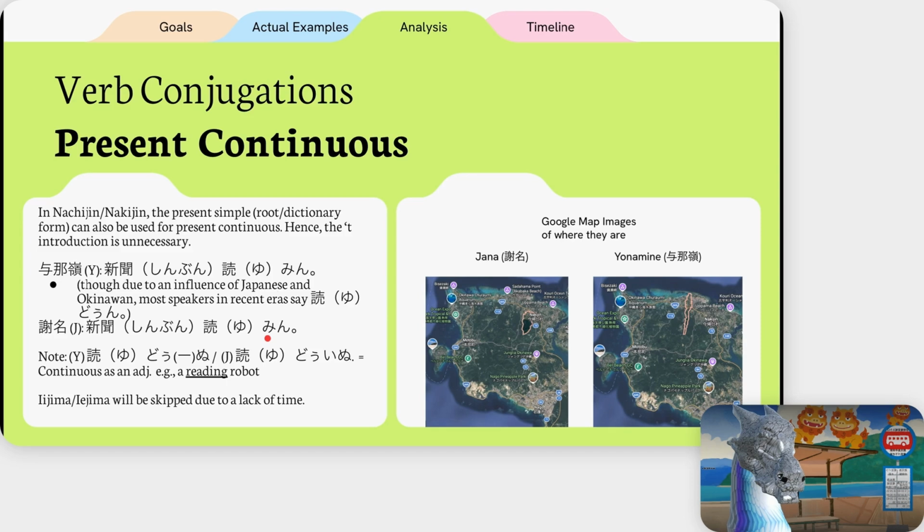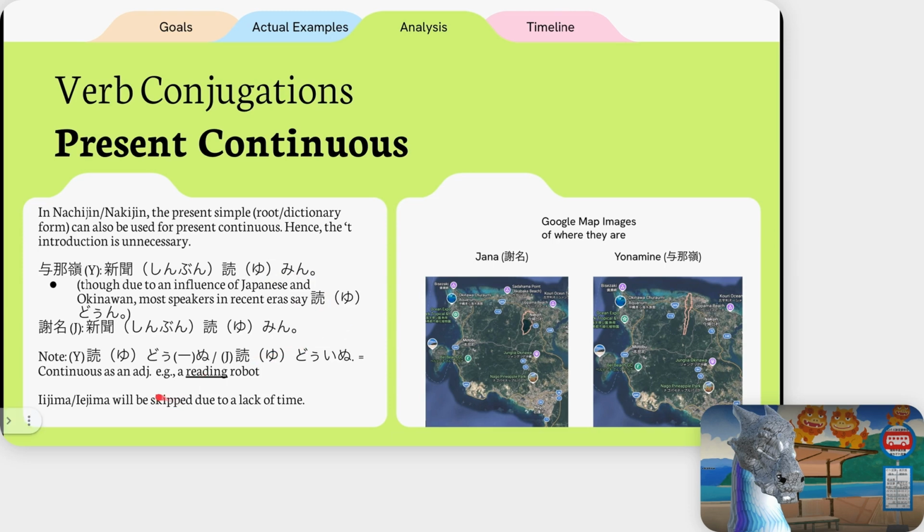For example, you can just simply use the default dictionary form in various areas. Although due to an influence of Japanese and or Okinawan or both, I'm not exactly sure, I have heard in recent times, especially maybe late 20th to modern 21st century, that people do say you don't here instead of you mean, effectively using the apostrophe T form.